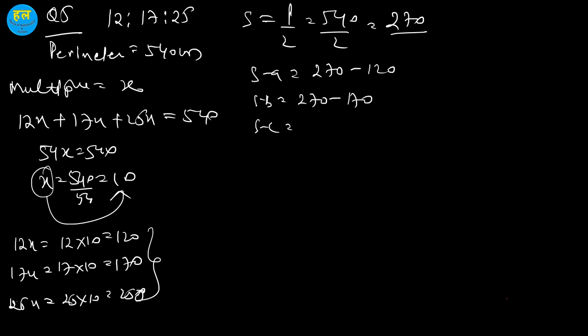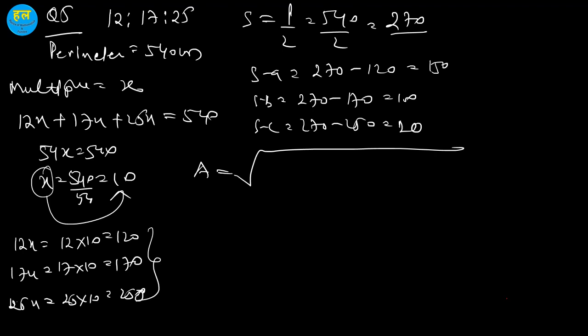S minus C is 270 minus 250. 270 minus 120 is 150. This is 150. This is 100. This is 20. We want to find the area. We put it in Heron's formula: S into S minus A into S minus B into S minus C.